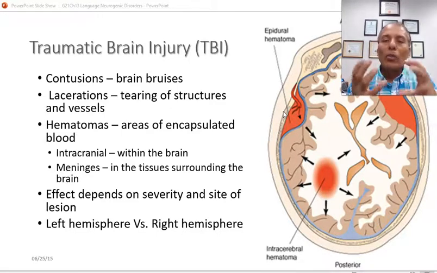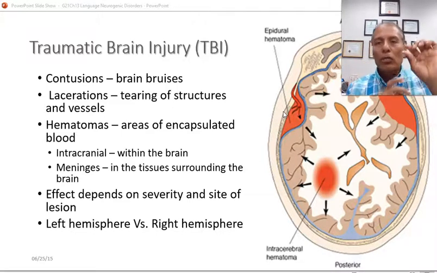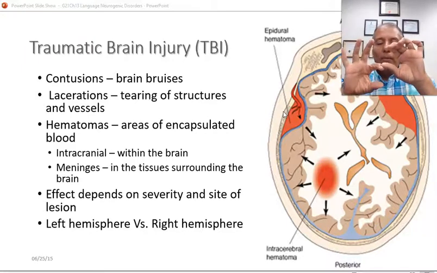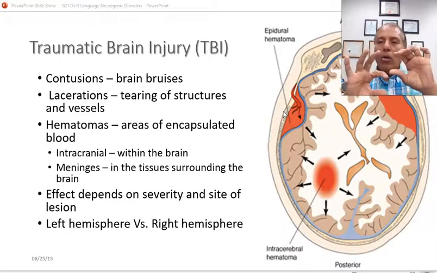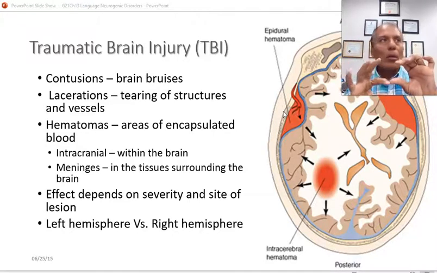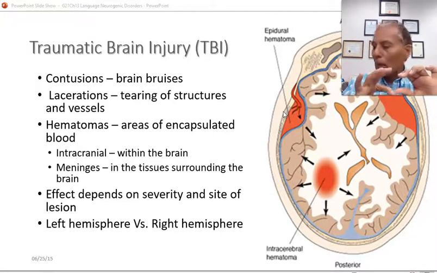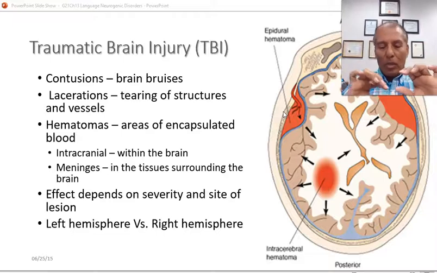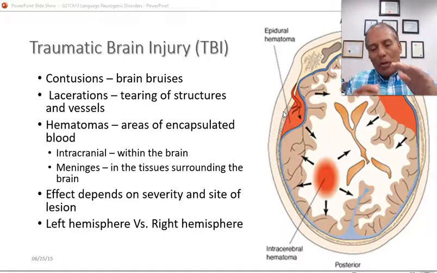And these together include the dura mater, and then the meningeal membrane, and then beneath is the pia mater. So these three layers go from the hardest to the softest, from the top.